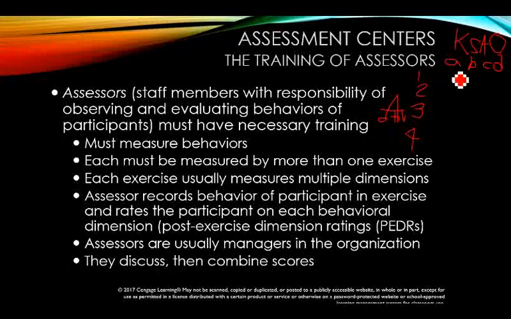Okay, so what you would want to see, class, ideally, is that how well people do on KSAO A, which let's say is oral communication skills, that if they do well in oral communication skills in the leaderless group discussion, they should score well. In the structured interview, they should score well. In the presentation, they should score well.